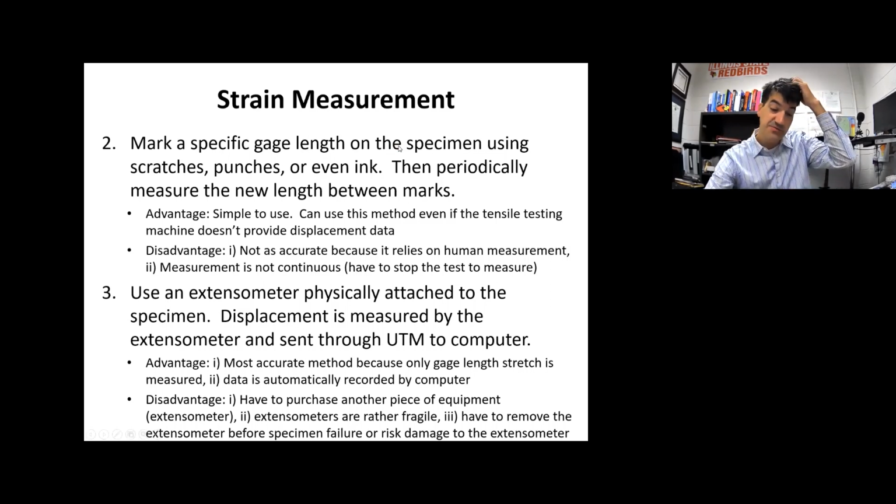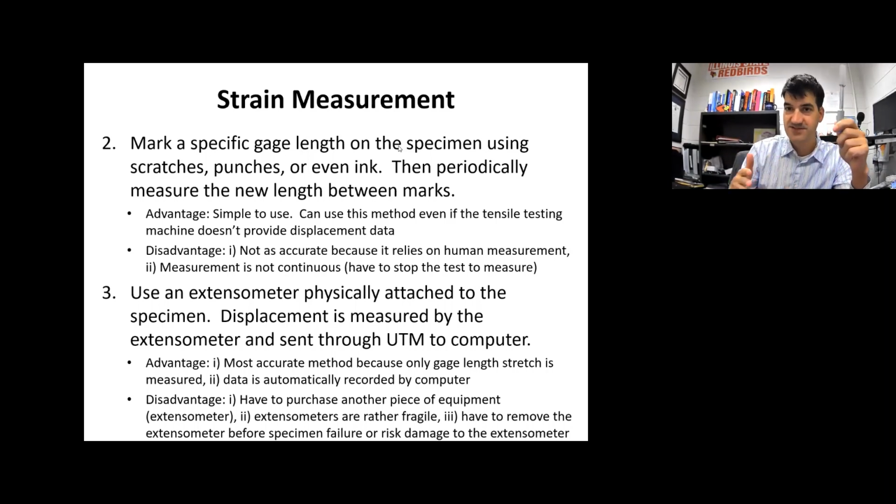What you can do is take a Sharpie marker or a pencil and make a mark, say right here on the specimen, and make a mark down here on the specimen, and then measure that length. And then periodically, as you're doing the test, stop the test and measure the new change in length.